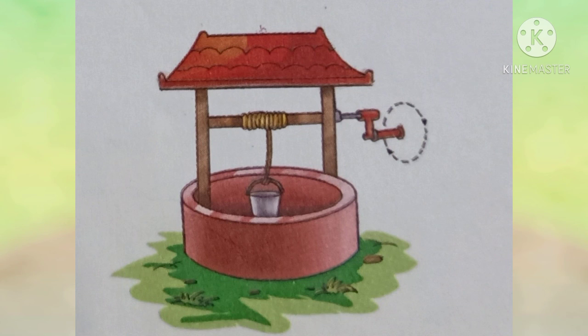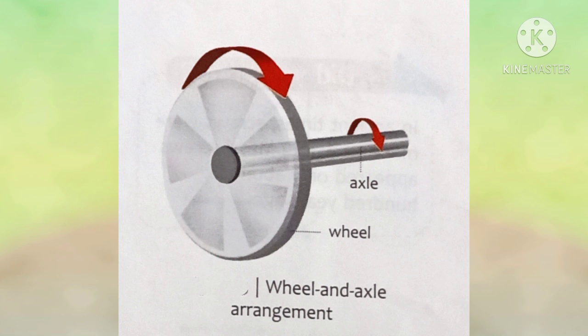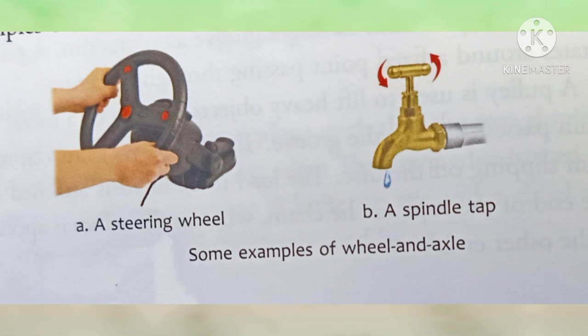The cylinder with the bigger diameter is called the wheel, whereas the one with the smaller diameter is called the axle. Some examples of wheel and axle are the steering wheel of a car, a screwdriver, and a drill used by a carpenter. Each time you turn the knob of your water tap or the door knob of your house, you are using a simple machine, that is, a wheel and axle.